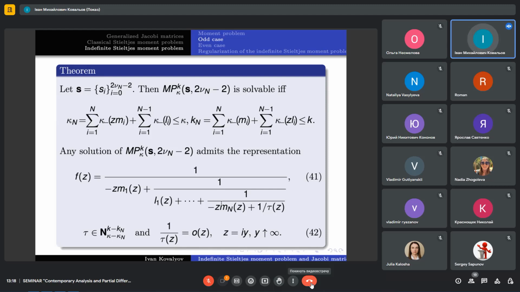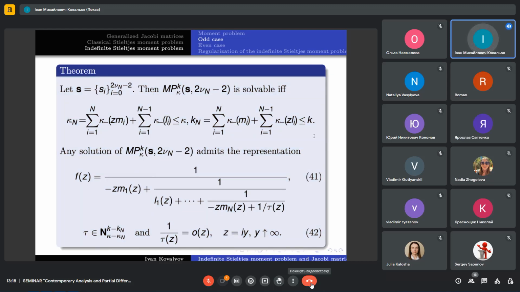So, and we have the first theorem. Let S be a sequence of real numbers, then our problem MP_kappa^k is solvable if and only if the following holds. So we mean this formula.